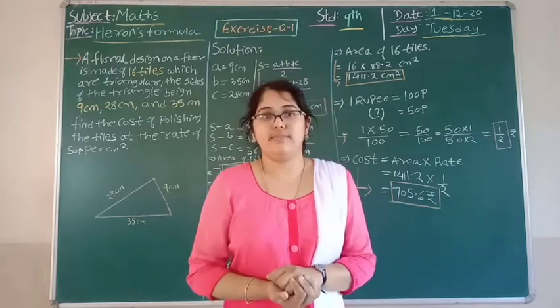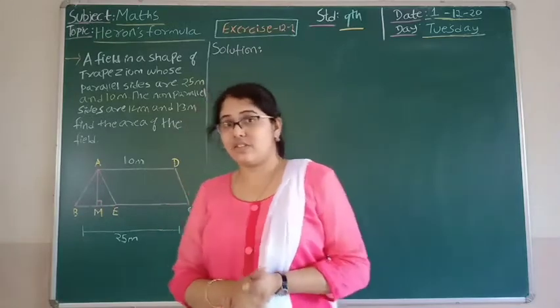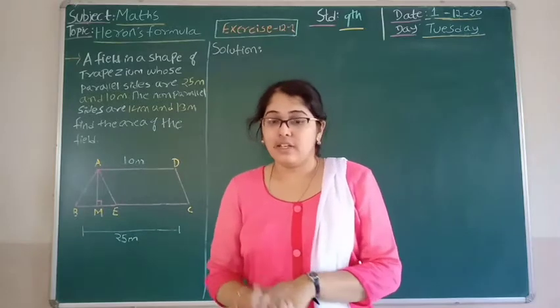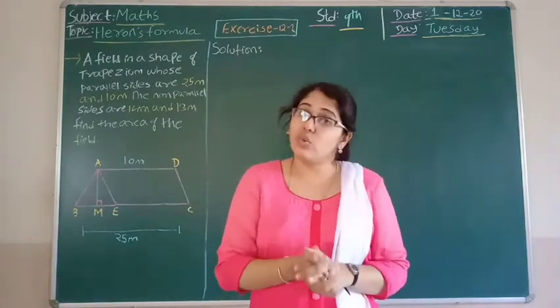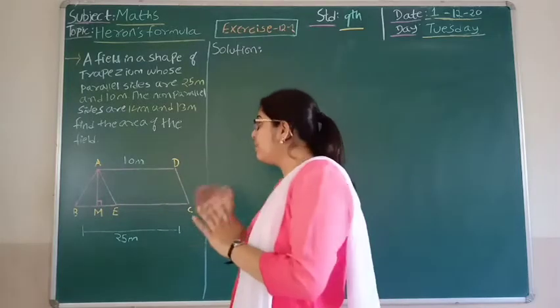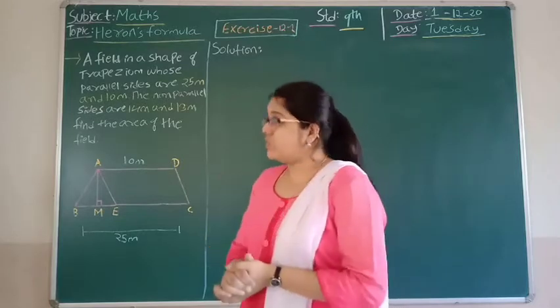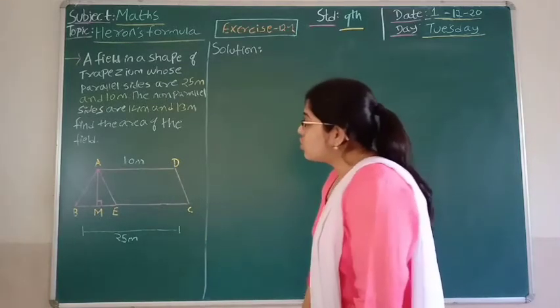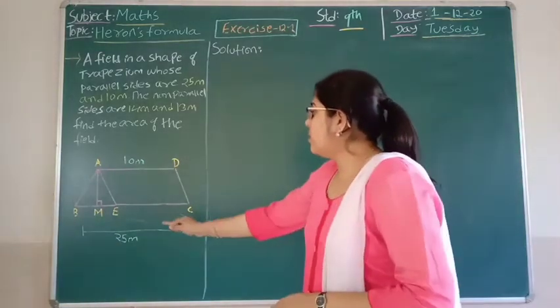Now we are going to see the very last sum, the 9th sum of your exercise, and mark it as an important question for the exam. We are going to solve the 9th sum, which is a field in the shape of a trapezium. So we can see a field that is ABCD, it is a trapezium.